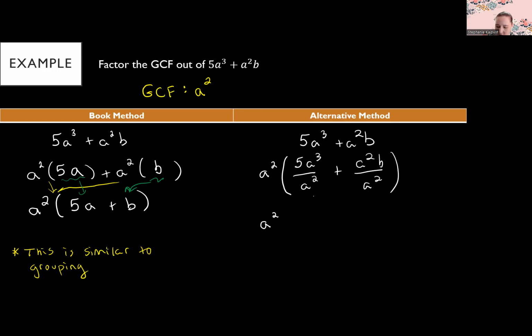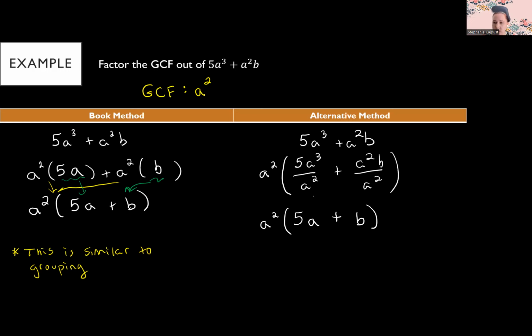So I get a squared in front, and then I simplify. So I've got a 5, and then I use the rules of exponents, where when you've got division, you subtract your exponents. 3 minus 2 is 1, and so that's how I know that I have a single a there. And then the a squared over a squared cancels, and so I'm just left with b.